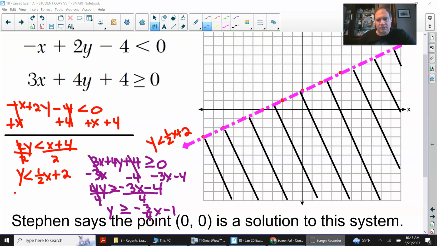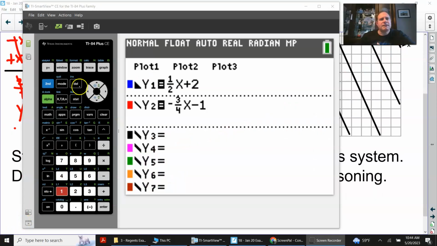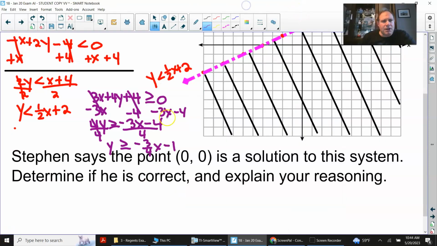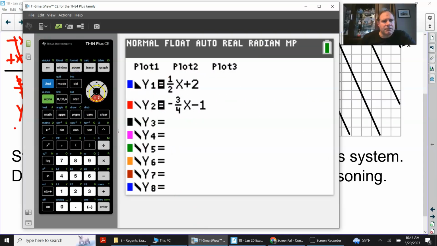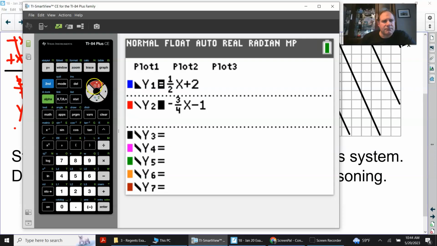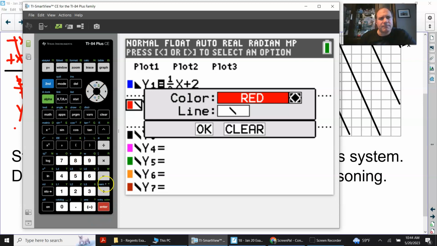And when you put that into the calculator, just remember this is a greater than symbol. So you go all the way over to the left, and it's greater than, so I'm going to press enter, and I'm going to go down to line, and I'm going to press to the right, and that is the greater than symbol.